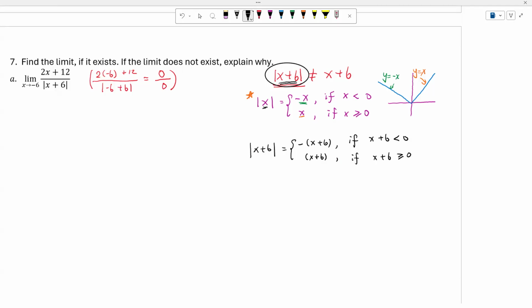Then now, if this is the case, we will be able to get the result: negative (x plus 6) if x is less than negative 6, and equal to x plus 6 if x is greater than or equal to negative 6 then.